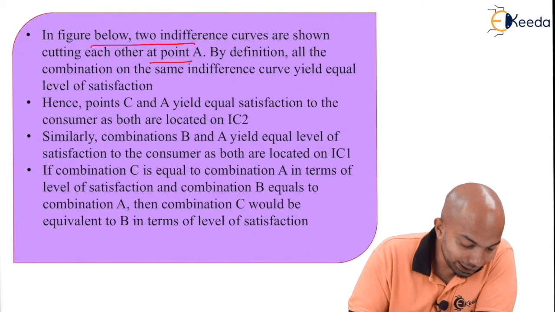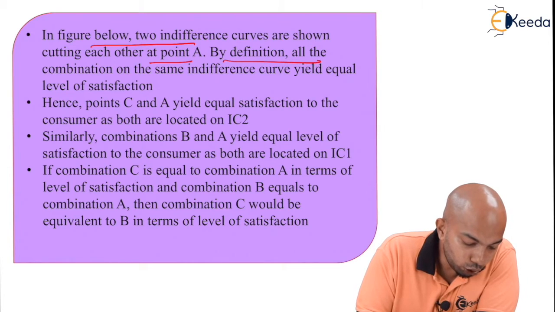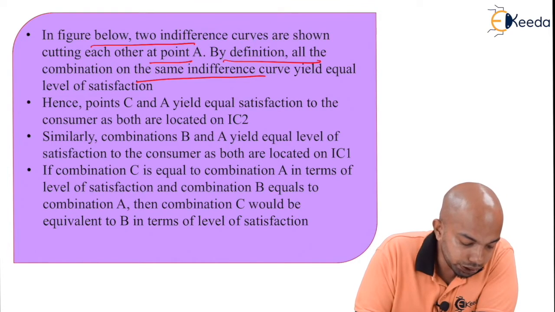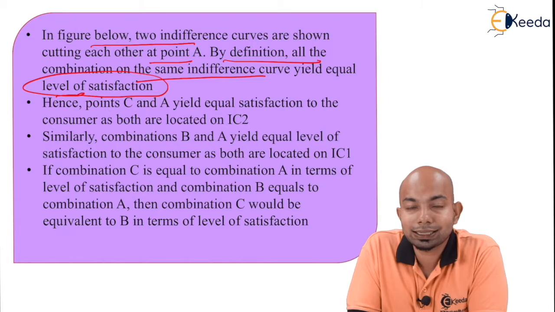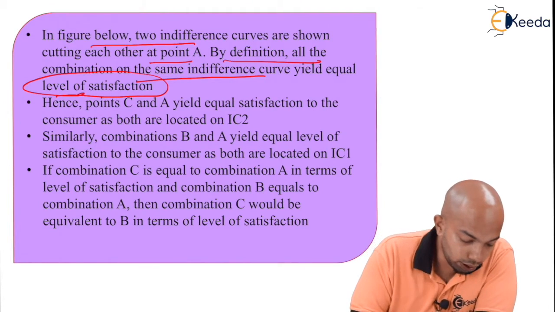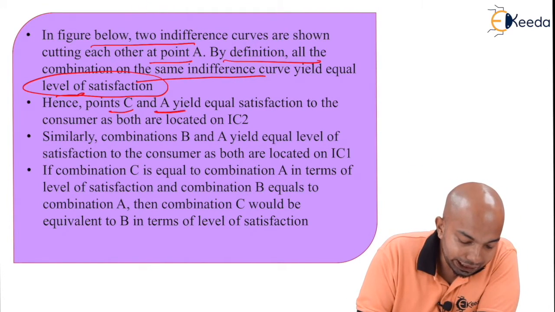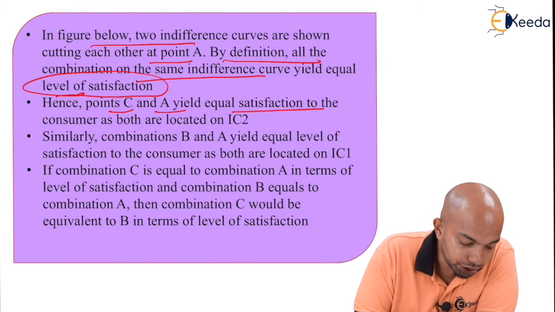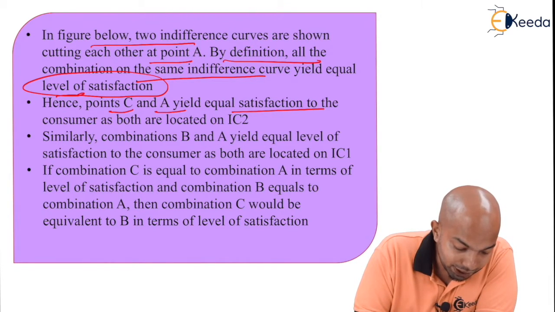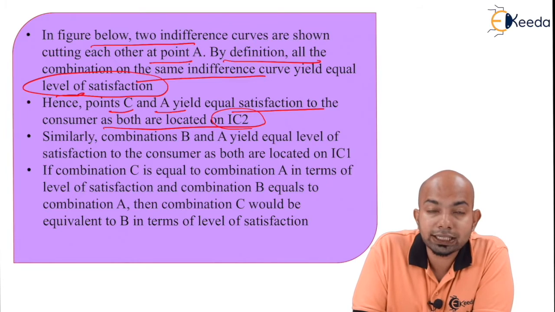By definition, all the combinations on an indifference curve yield an equal level of satisfaction. Hence, point C and point A yield equal satisfaction to the consumer, as both are located on IC2.